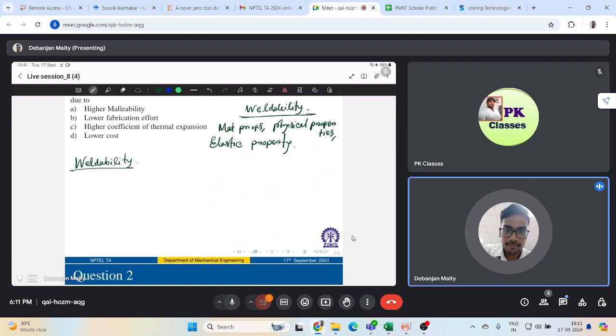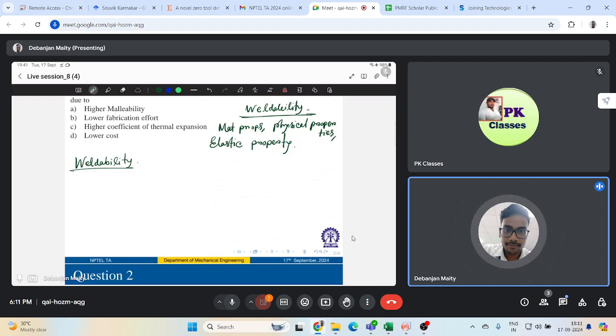Weldability refers to the ease with which a material can be welded to produce a sound, defect-free weld with acceptable material properties. It can be mechanical property, thermal property, electrical property.